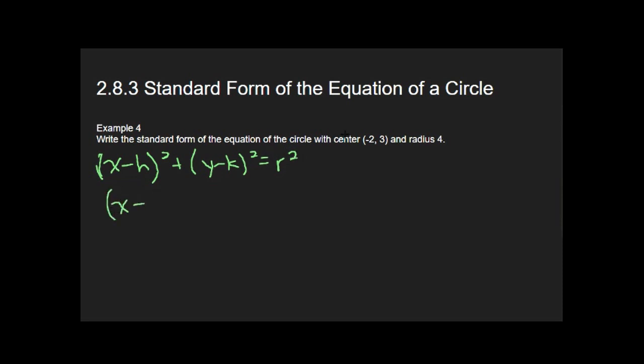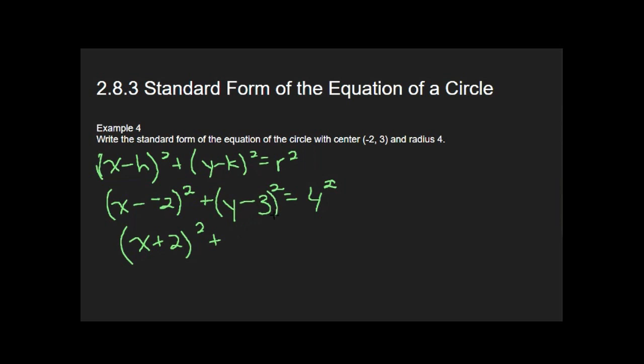X minus our x of the center is -2. Don't forget the negative there. Even though it's already minus, you still need the negative. Plus y minus, we have a 3 squared is equal to 4 squared. And then let's go ahead and simplify. X minus -2 simplifies to x plus 2 squared.